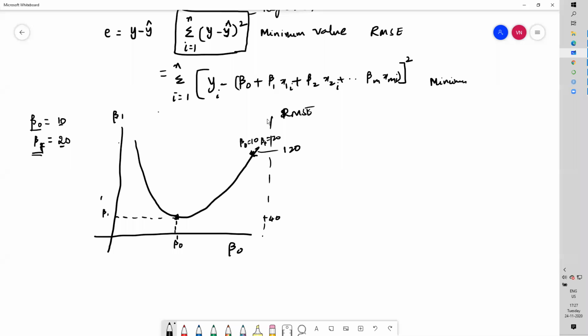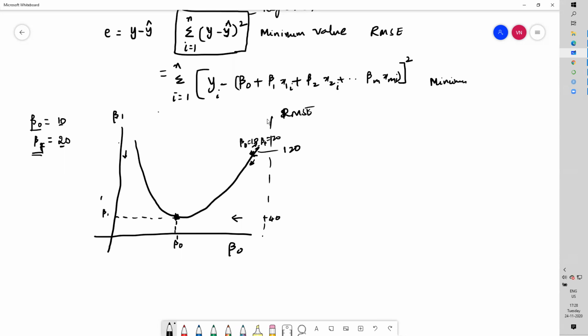If we increase the beta naught, let's say we are moving in this direction. That means RMSE is increasing. When we decrease the beta naught, we are moving in the other direction. RMSE is decreasing. Which direction do we want to move? We want to move towards the minimum. So we need to decrease the beta naught, and beta 1 also has to be decreased. So if we decrease both beta naught and beta 1, we will move towards this minimum point.